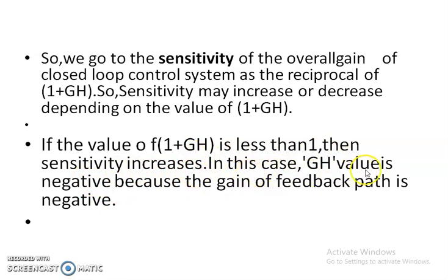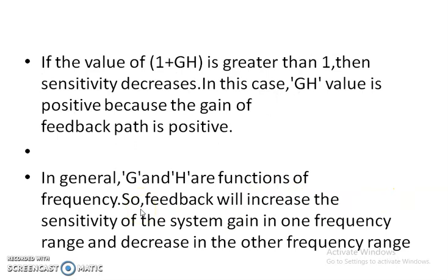In this case, GH value is negative because the gain of the feedback path is negative. If the value of 1+GH is greater than 1, then the sensitivity decreases. In this case, GH value is positive because the gain of the feedback path is positive.